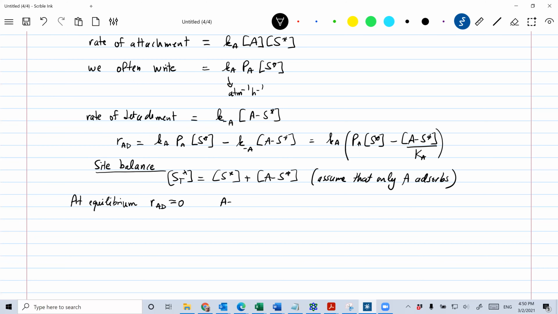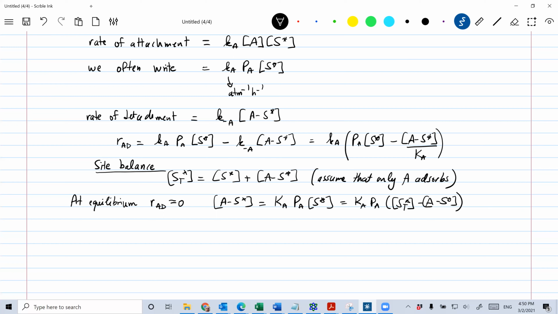So you can write that AS star is equal to Ka Pa S star, and that's equal to Ka Pa times S total star minus AS star.